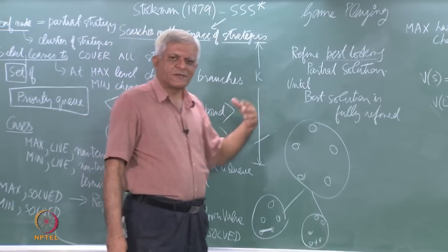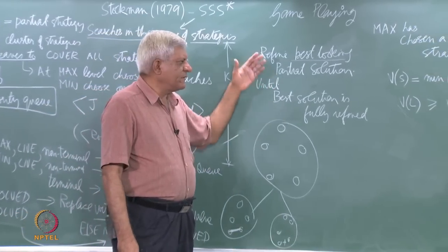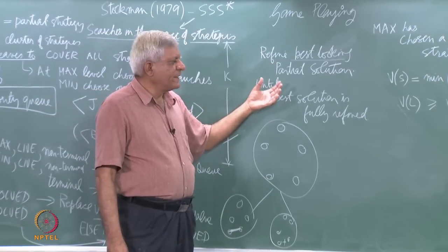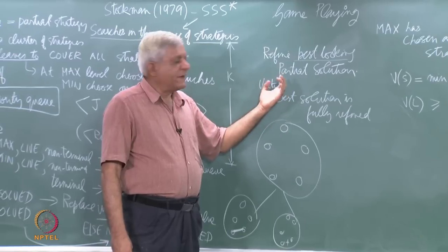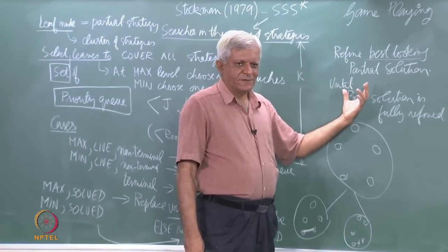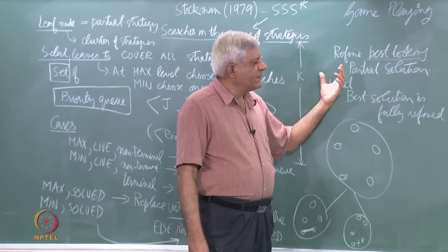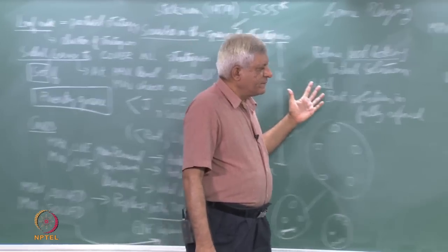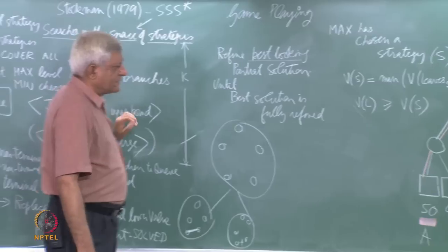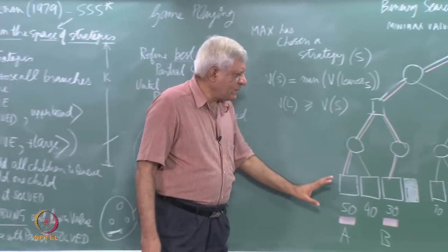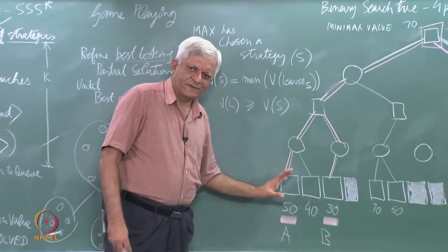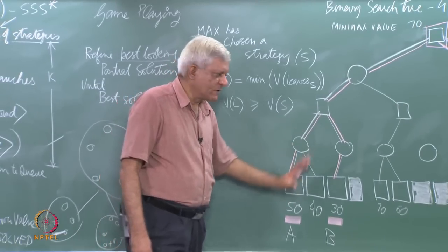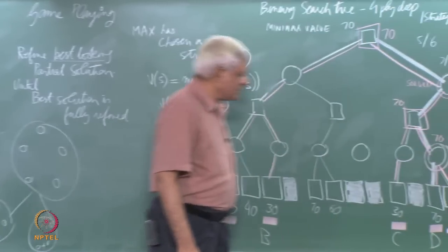A heuristic function also gives an estimate of a solution, but here we have a different mechanism to arrive at an estimate, that is by sampling all strategies to get upper bounds on all possible strategies, and in the process we form these clusters, and then we always refine the best looking cluster. So, that is where the best first nature of the algorithm comes into play, and so on.